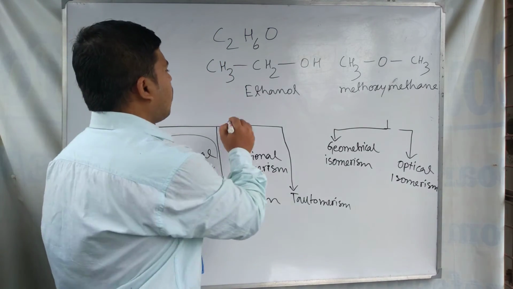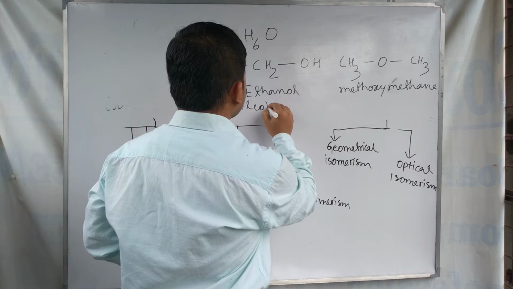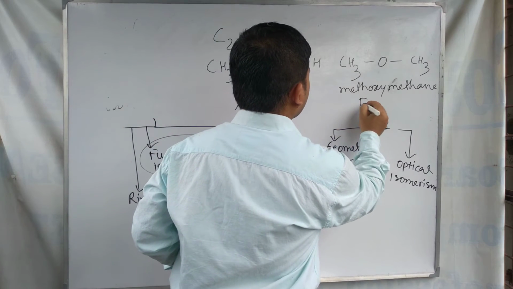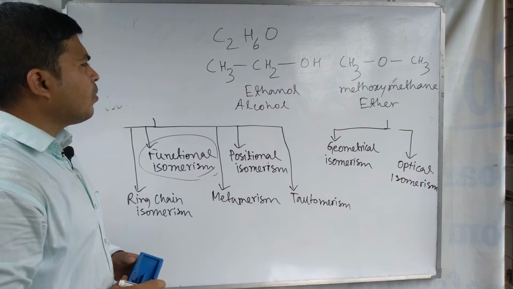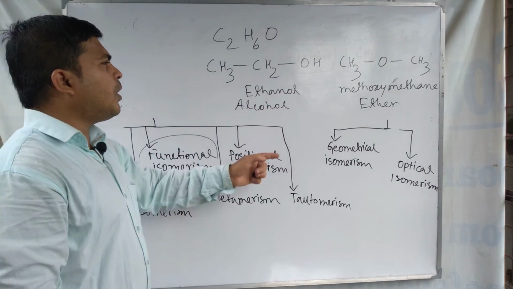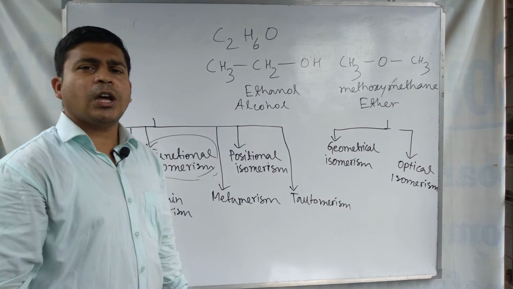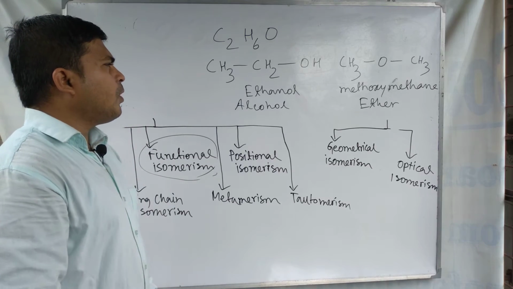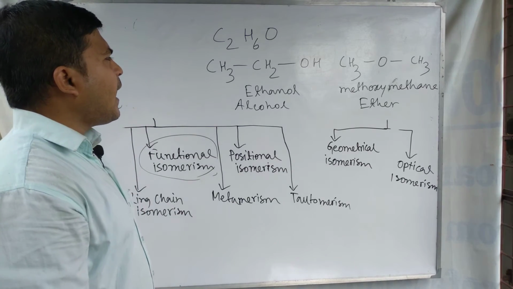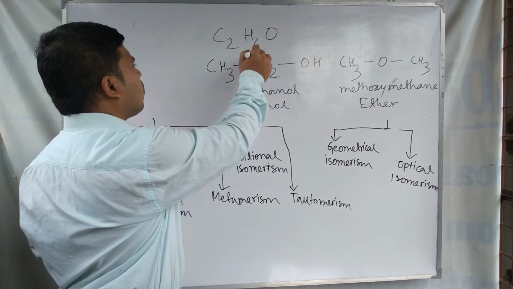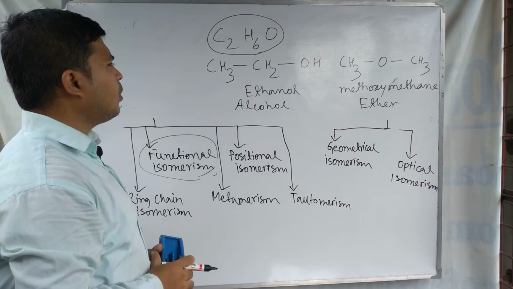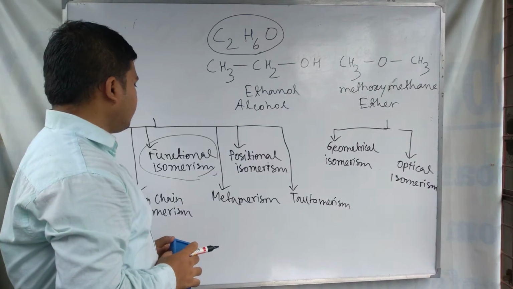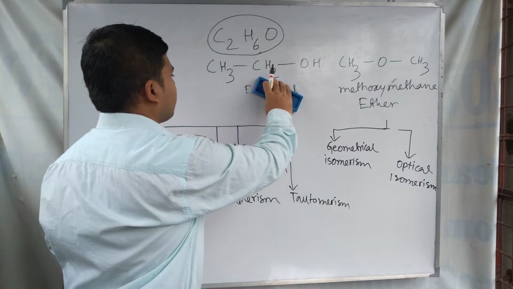This one is in the alcohol category and this one is in the ether category. Both types of compound differ in physical and chemical properties, but they have the common molecular formula C2H6O. So this is an example of functional isomers.